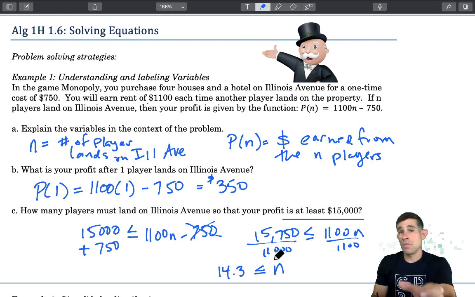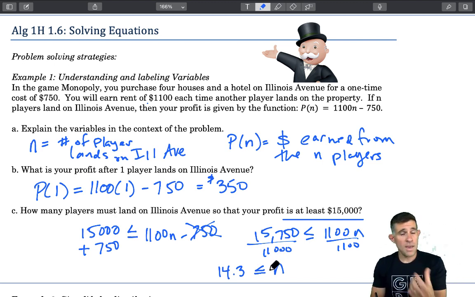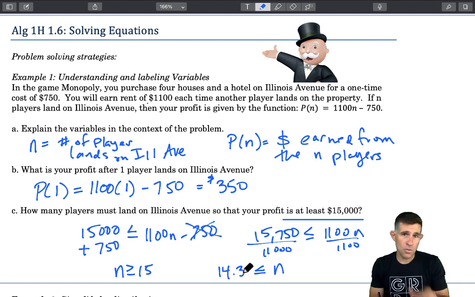Well, that represents the number of players. Now, you can't have a decimal player, so you have to say, really, the n value here has to be greater than or equal to 3. You need to round that up to the next whole number of players.